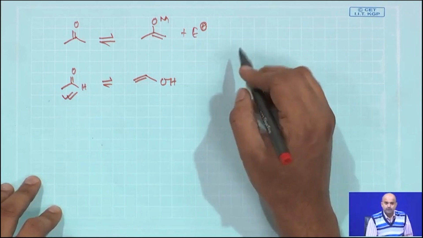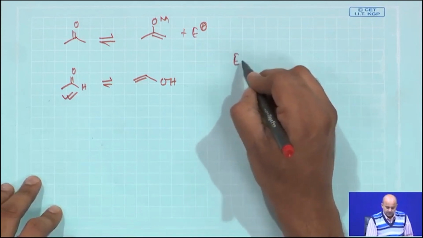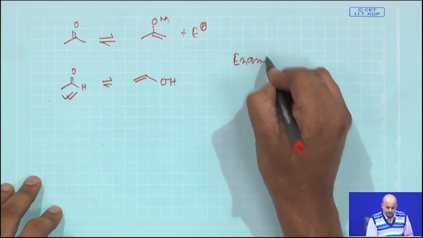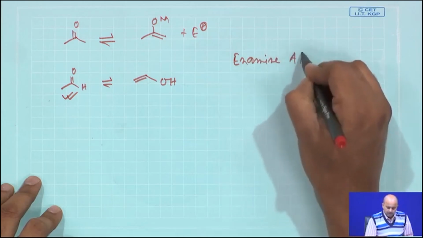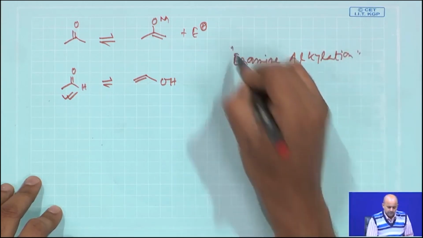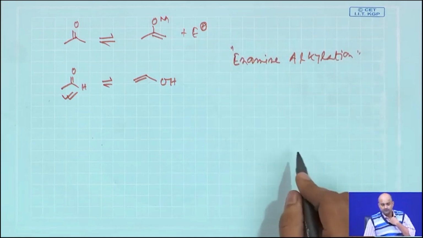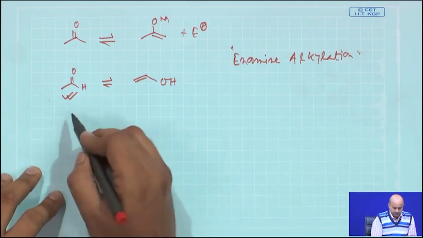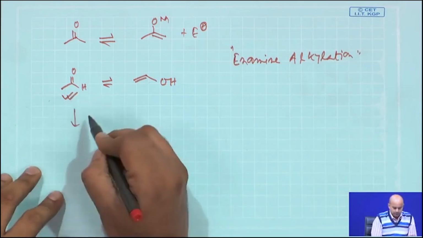Here we will be using a particular strategy named enamine alkylation. I am sure we talked about these strategies earlier when we discussed Stork enamine methods. Enamine alkylation is very useful for compounds like acetaldehyde.